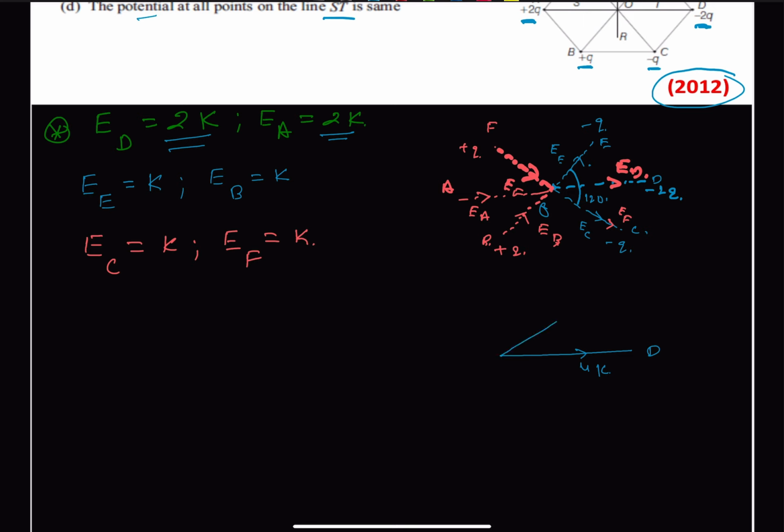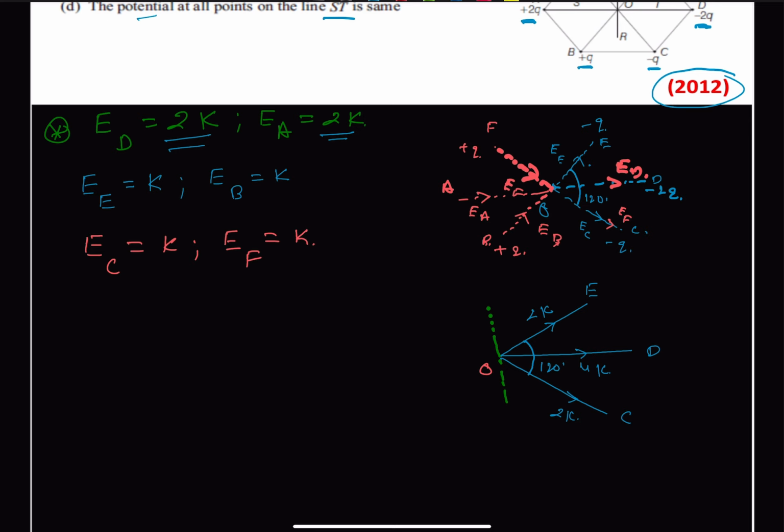Next, we also have an electric field of 2K towards E, and the electric field of C will also be 2K, and the angle between the two is 120 degrees. Now we can find the resultant of the electric field because of OE and OC, and we can divide into two components. This will be one and this will be the second one.